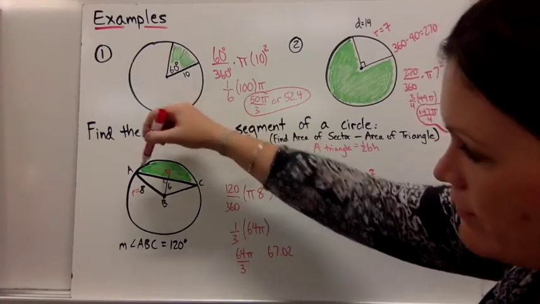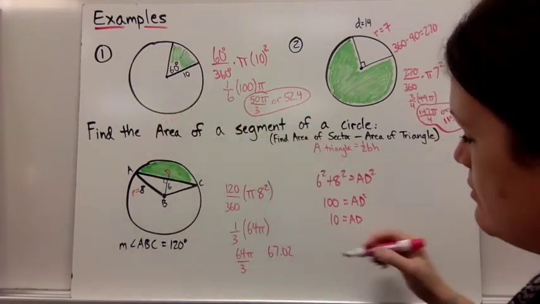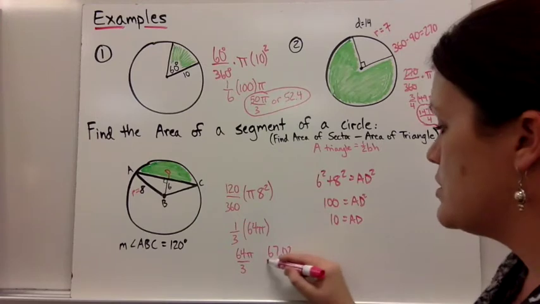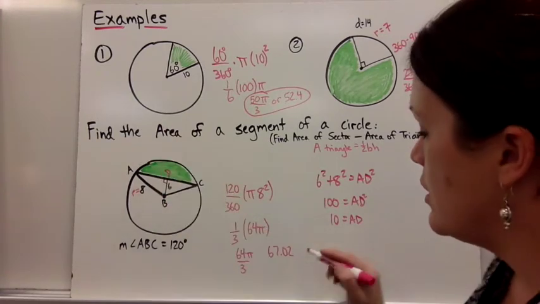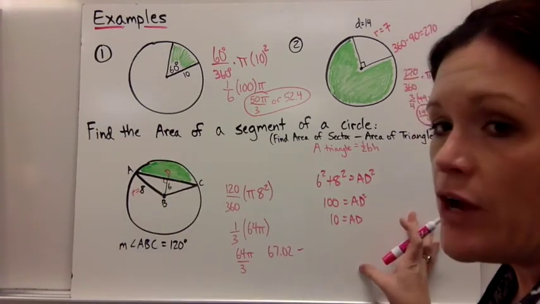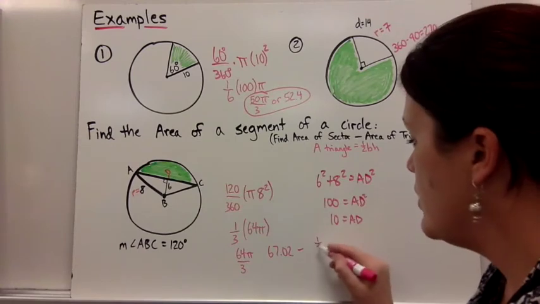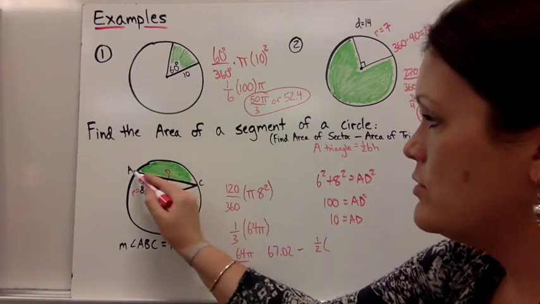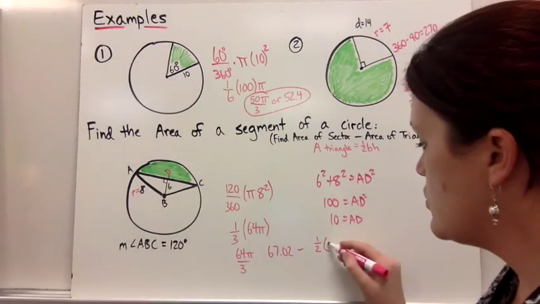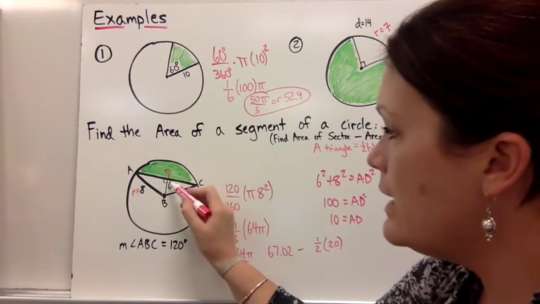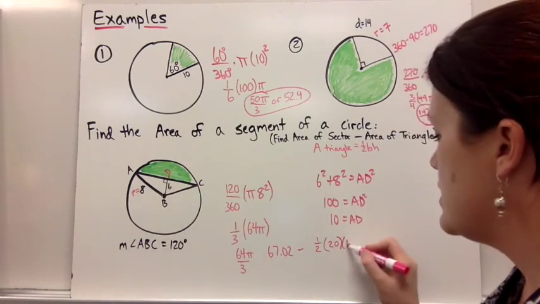But that's only half of the base of this triangle, so we need to multiply that by 2. So the area of the triangle would be 1/2 base, which is 10 plus 10, which is 20, times the height, which was 6.